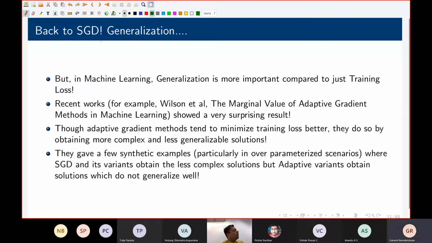But also remember that generalization is more important than just optimizing the training loss. In fact, that's exactly one reason why some recent work has shown the marginal value of adaptive gradient methods. Too much adaptation is not worth it; there are diminishing returns in overdoing all this.